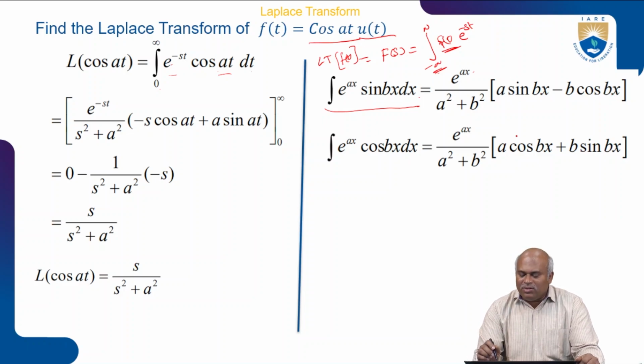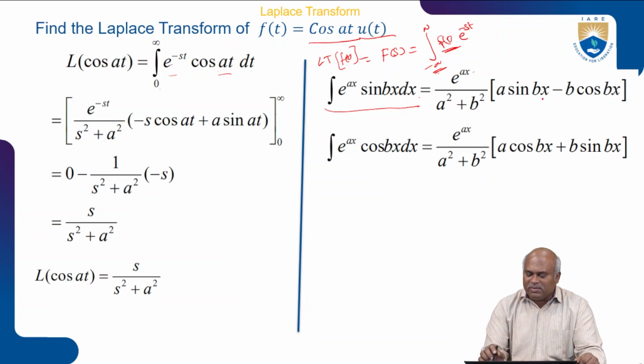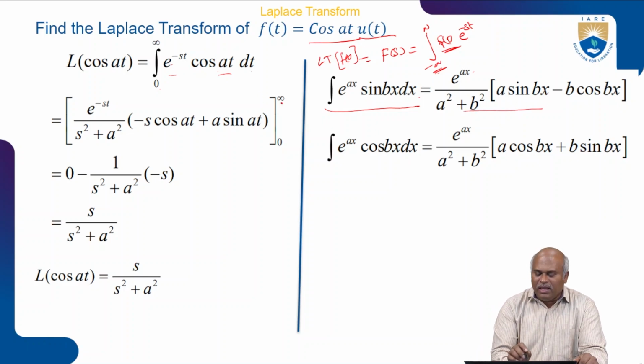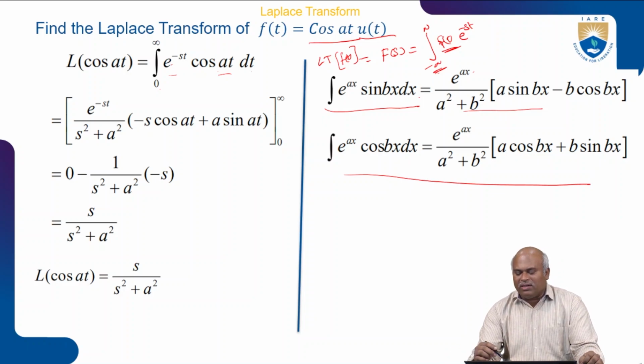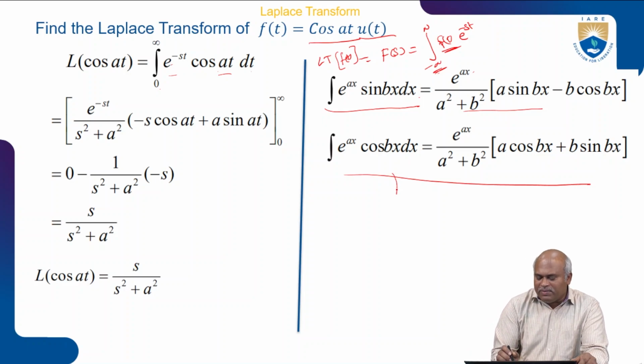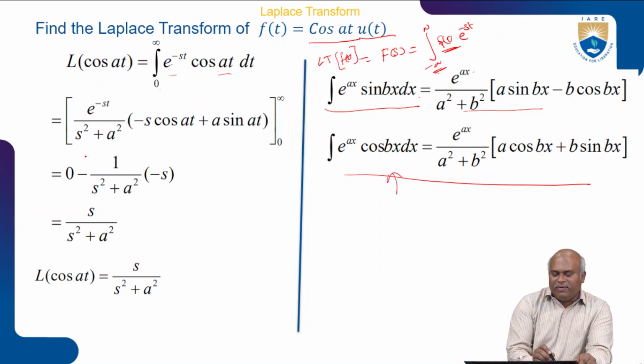For the cos term, the integration of e power ax cos bx dx is equal to e power ax divided by a square plus b square, times a cos bx plus b sin bx. I use this equation here.